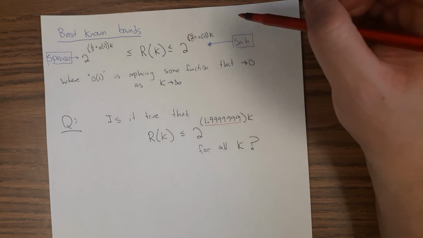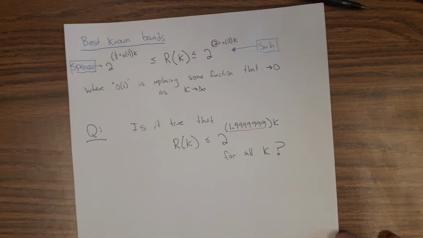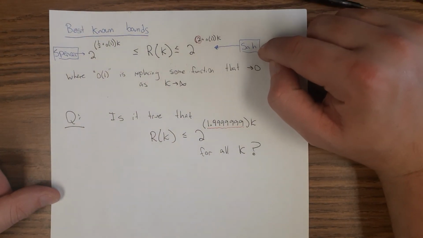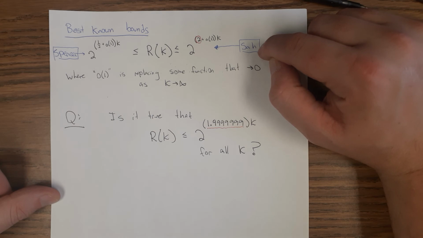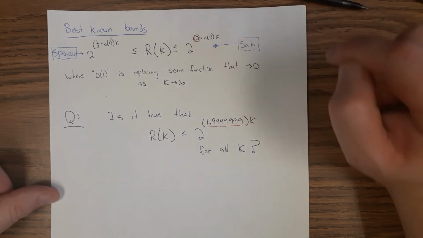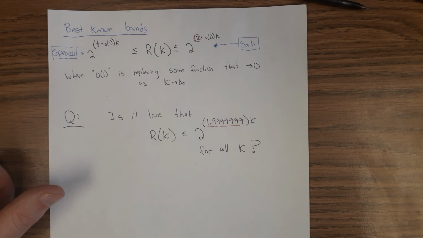It's very close to 2 to the 2k. And by the way, this bound was improved very recently by Ashwin Sah. The paper's probably not even refereed yet, but I believe it because he's a really smart guy, and he's very young too. He might be like your age.